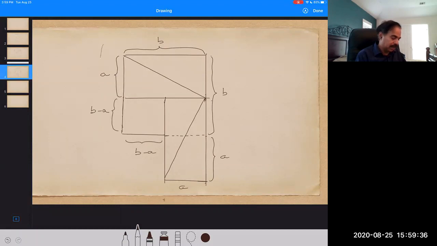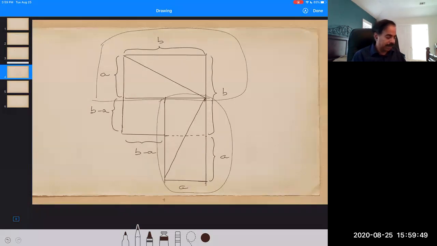So we have put two triangles into one rectangle and another two triangles into one rectangle, and then we slide this B minus A square over here, right?